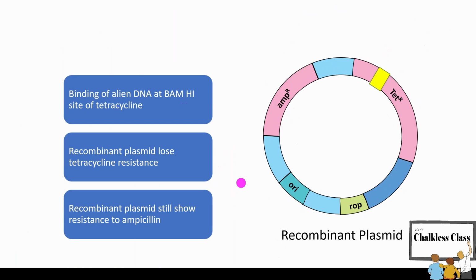That mythological character has body parts from different animals. The same way, this recombinant plasmid also has DNA sequences from different sources. So this recombinant plasmid is also called chimeric plasmid or chimeric DNA.